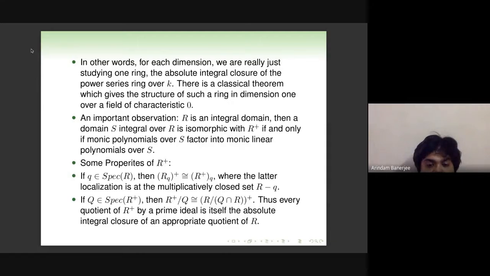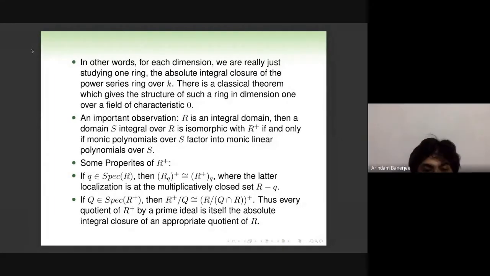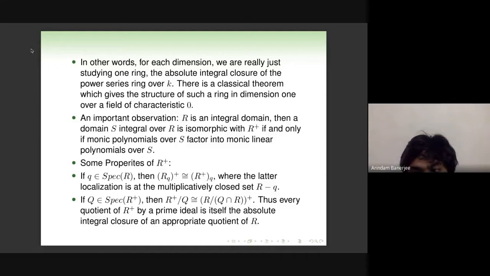You take spec Q in spec R plus. That will appear as an extension. It's just lying over. For any prime ideal, it's an integral extension. R plus is integral, and it's an integral extension. Any further question? No.